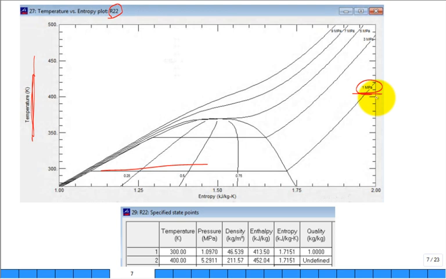Now, let's say we don't have a very high temperature heat source. Maybe it's only 100 degrees C or 100 K higher, which would be only about 75 K. So maybe it's 400 Kelvin. What did I just say? 75 degrees C heat source, which is about 400 Kelvin. So here's my high temperature heat source.